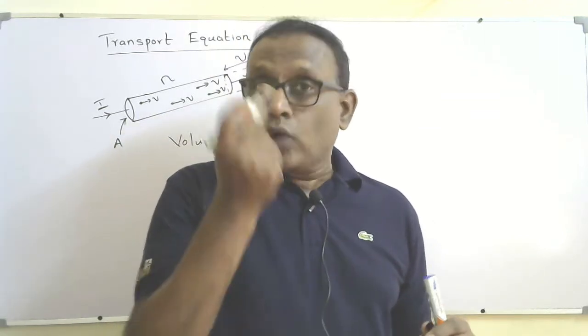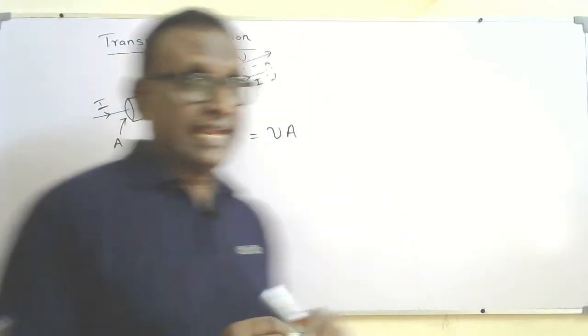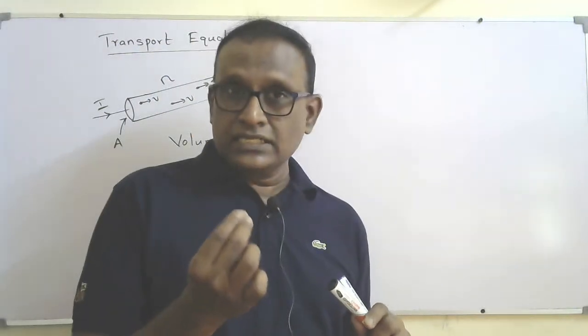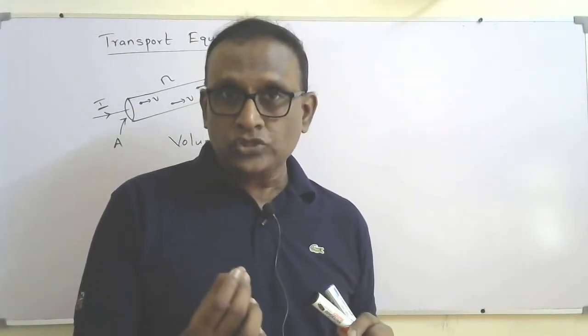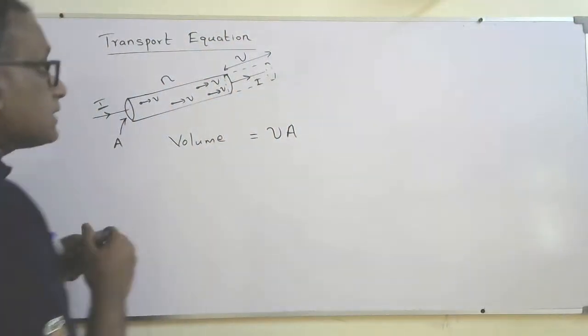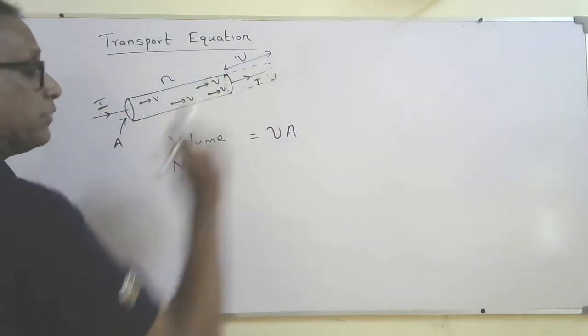But in 1 unit volume, the number of electrons is n. That is the charge carrier density. The number of electrons per unit volume is the charge carrier density, that is n. So what's the number of electrons coming out through the wire per second?